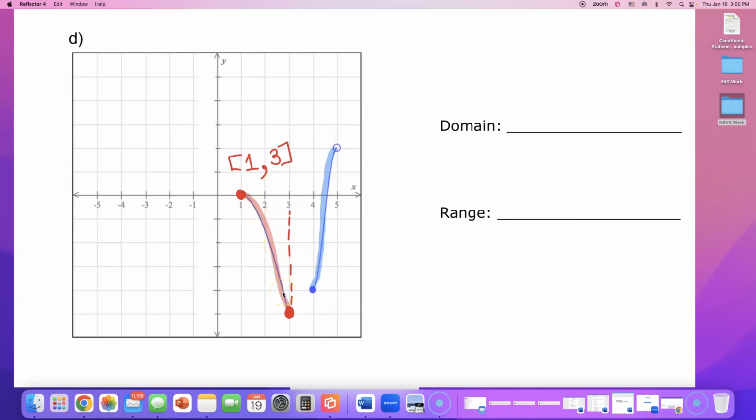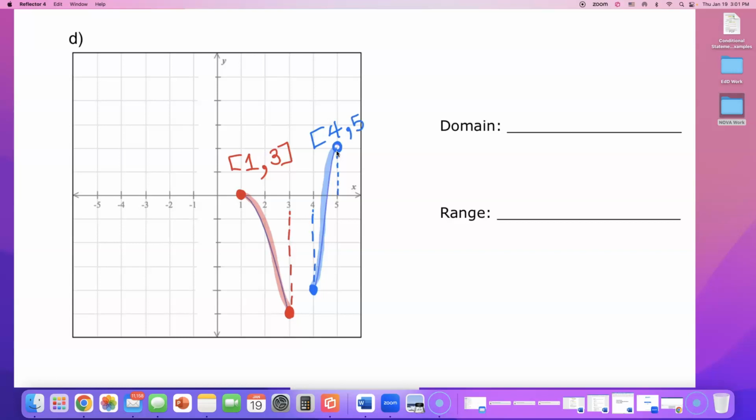Let me read the domain of the blue one. How far does this blue one go to the left? The x-coordinate of this point is 4. So I'm going to write down 4, comma, and it goes to this open circle whose x-coordinate is 5.